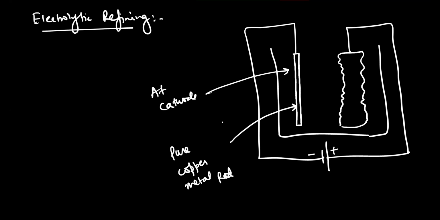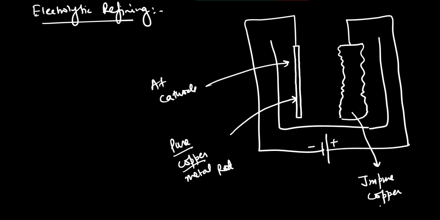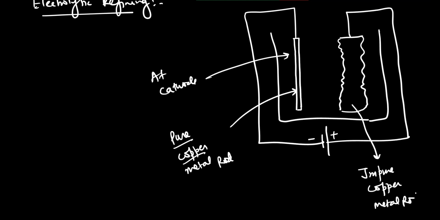So we always take the pure metal at the negatively charged electrode. We take a pure metal rod of copper, and this other one is the impure copper metal rod that we need to purify, and it is connected at the anode. So we take a thin rod of the same metal that we are purifying and make it the cathode.